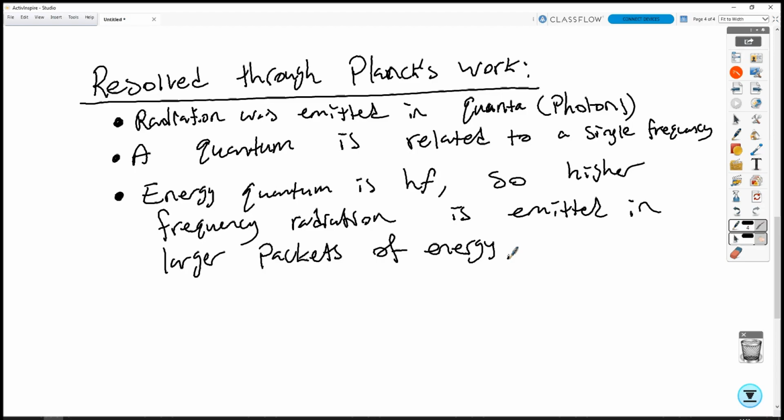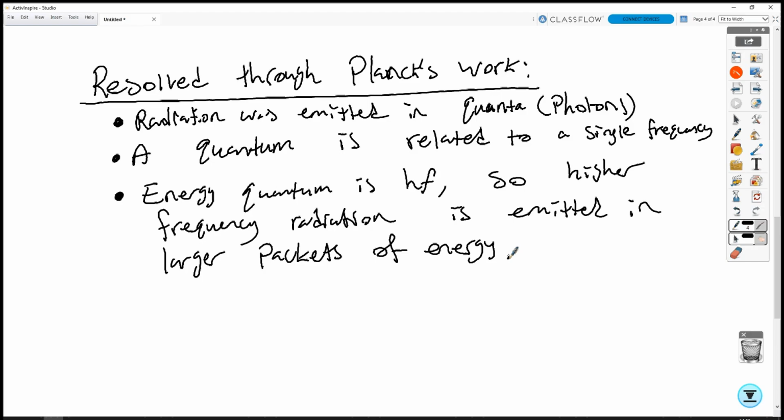The full story is actually a lot more complicated than this, but it's beyond the scope of A-level physics. So at A-level physics, we're looking at a simplified version of the events. But the appreciation here is that the classical model fell short when it came to experimental evidence, because it suggested that ultraviolet should be emitted in extremely large quantities.